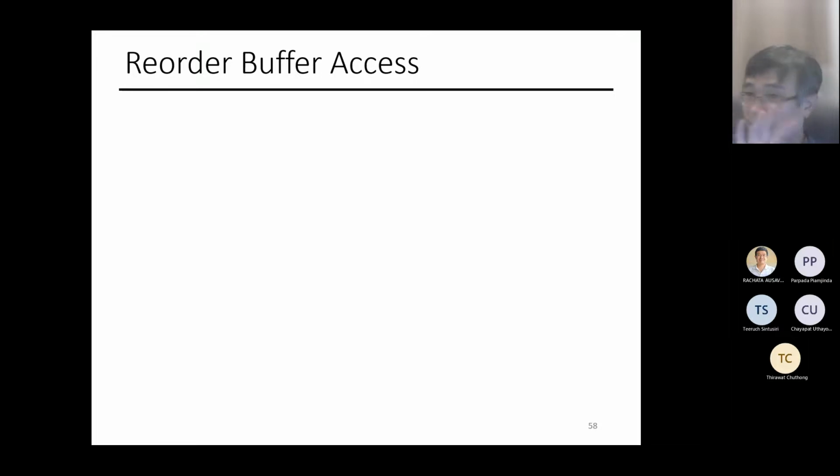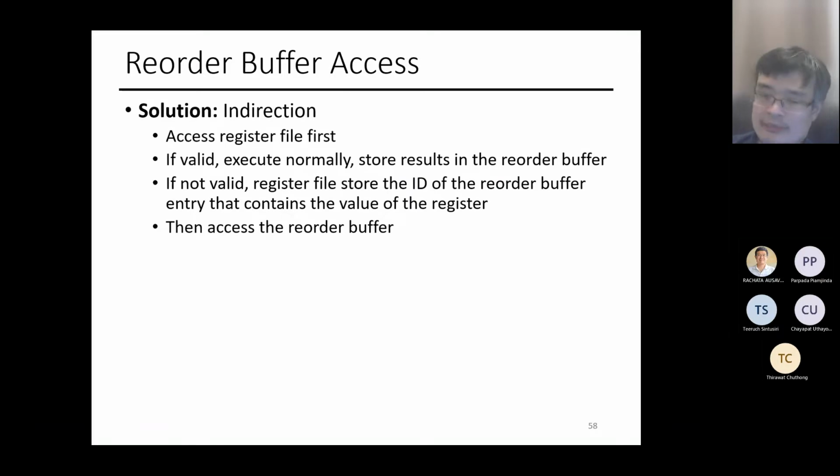One solution, because you have multiple versions of your data, is that we can use indirection. The first thing we can do is to check the register file. And if the register file has the valid bit of 1, it means that I can use this value. If the valid bit is 0, it means that value is not valid because someone has the new and updated version of this.